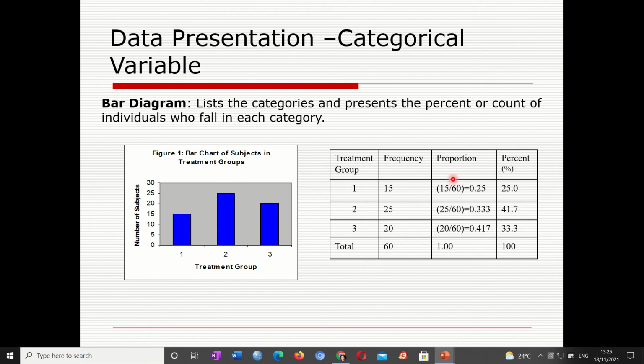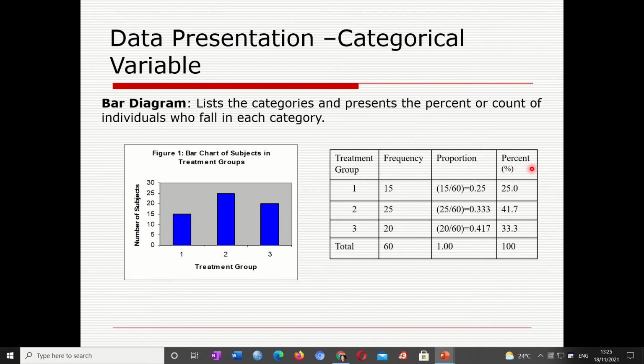Now here, this is out of 60, okay? If we calculate out of the total of these frequencies, then this is called proportion, okay? Not frequency.